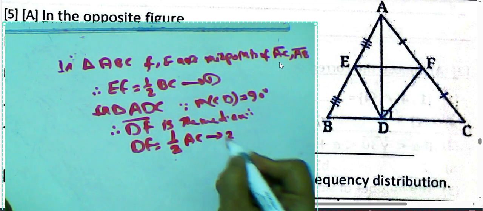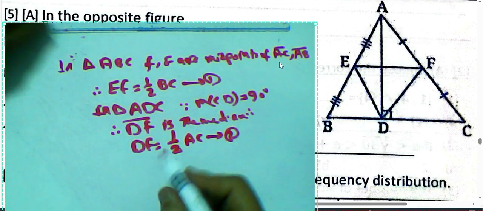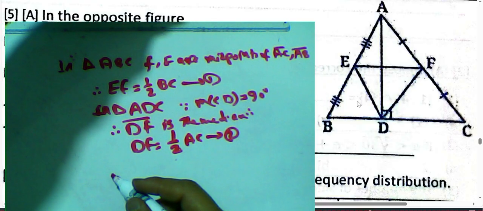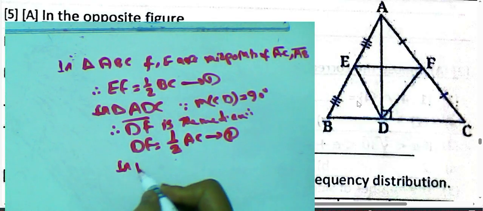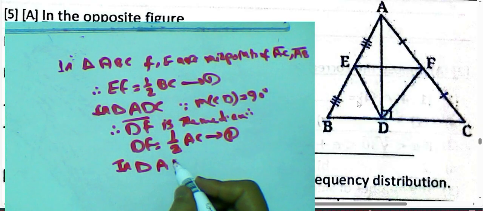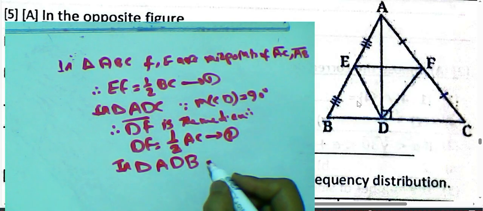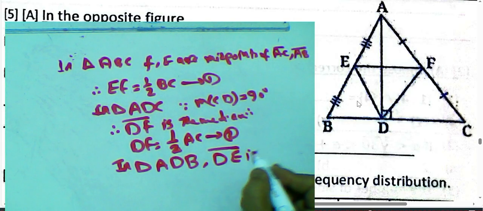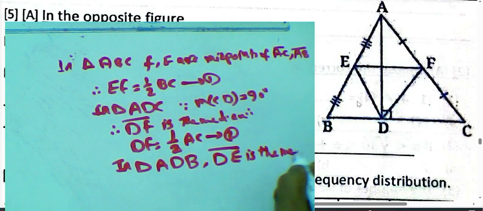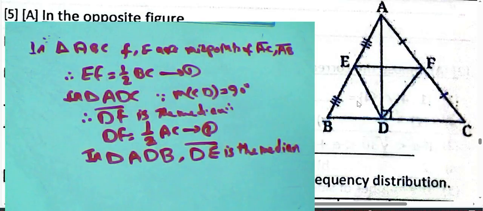It's relation number 2. And also at the left hand side, in triangle ADB, we have DE is the median. DE is the median in this triangle.